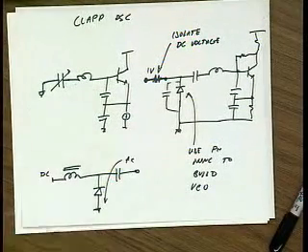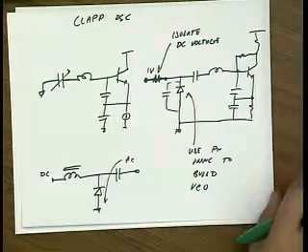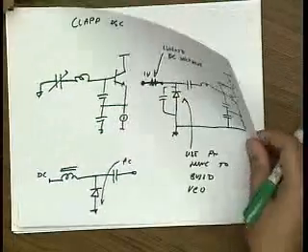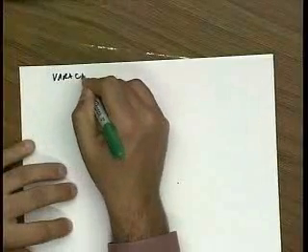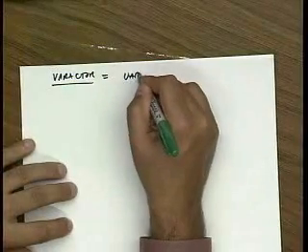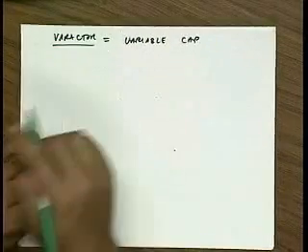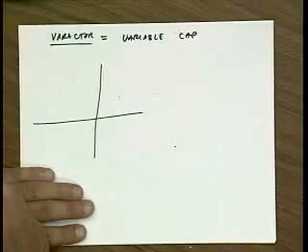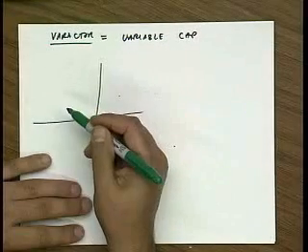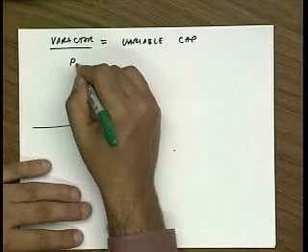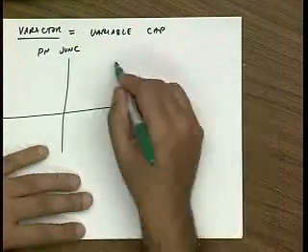Okay, so one more thing I'll mention. Let's talk a little bit about these varactors. A varactor is, of course, a variable capacitor, and there are two kinds of varactors. There are PN junction varactors, so I can use a PN junction.